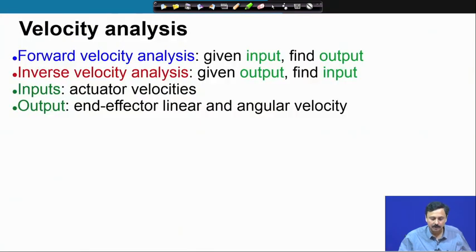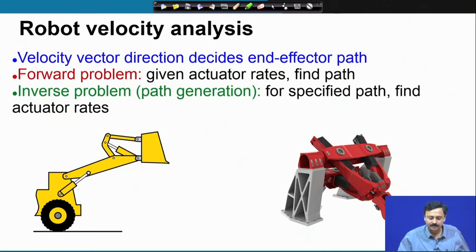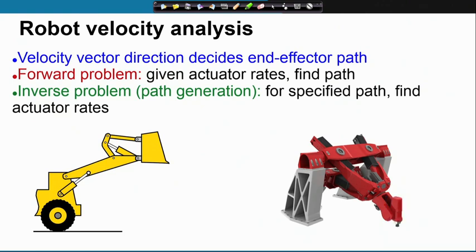As we have looked at the forward and inverse velocity analysis, in the forward analysis we are given the actuator velocities and we have to find out the end effector velocities, and it is just the converse for the inverse velocity analysis. In the case of robots, as we have looked at before, these problems are a little more involved, because here the velocity vector also decides the path, or you can look at it in the reverse way.